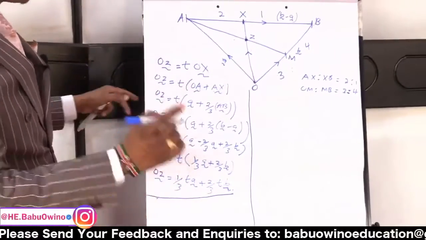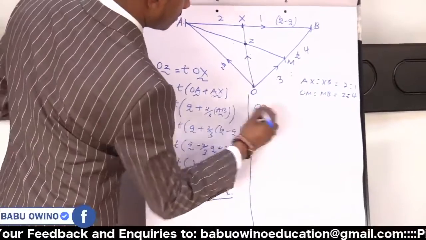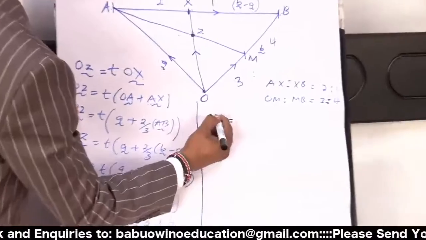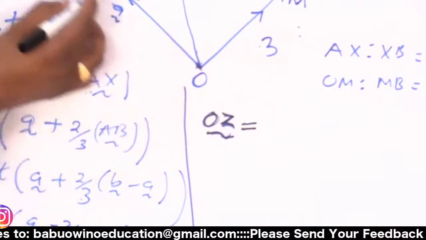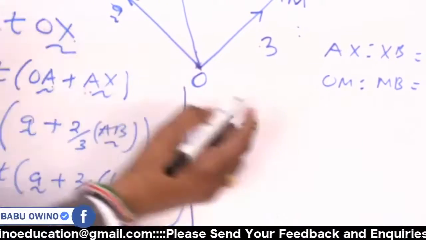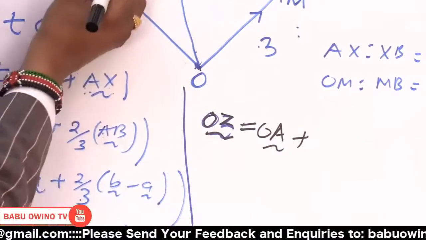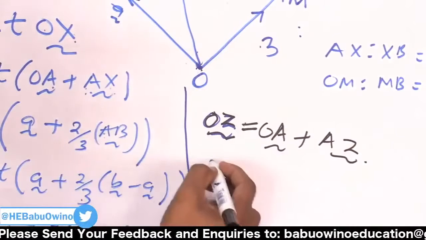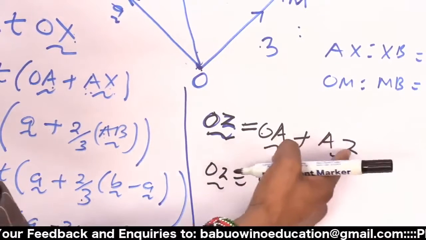Another way of expressing OZ, you can also take this route and take it from here. From here you say OZ is OA plus AZ. So OZ equals OA, which is A, plus AZ.